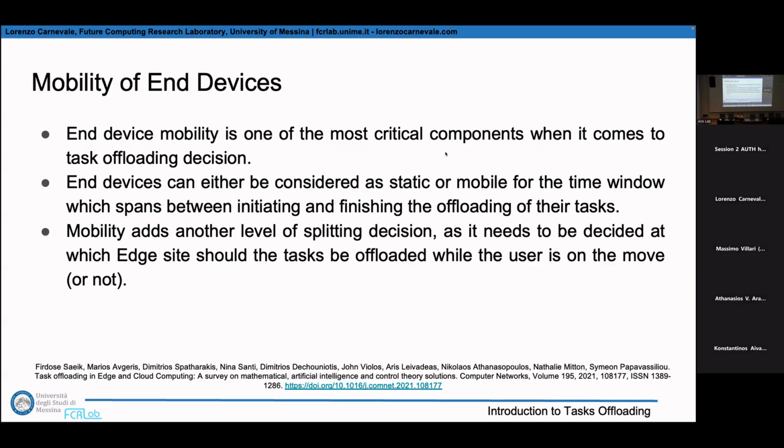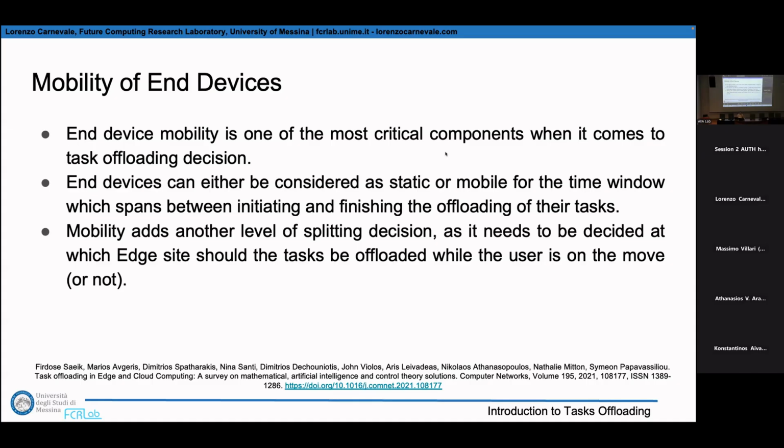Or it's possible that while we are moving, we can target a specific edge platform, but then we move and we can target another edge platform. So in this case, we have to take into consideration different aspects. It's very important to consider the time window which spans between the initiating and the finishing of the offloading of the task.